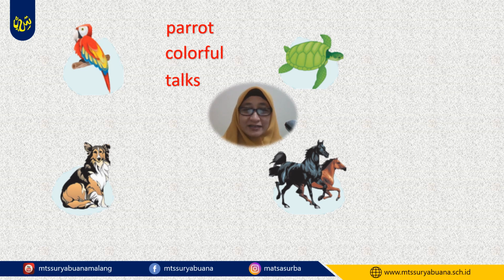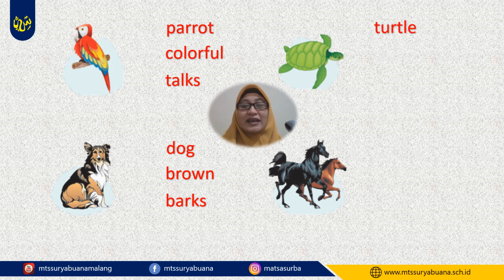So this time we are going to elicit the words first. The second animal is dog. So the name of this animal is dog. And then the adjective is brown. The verb is bark.